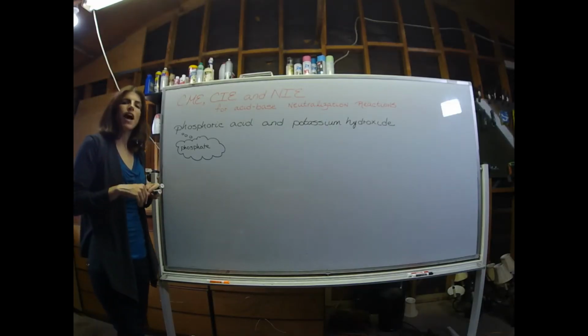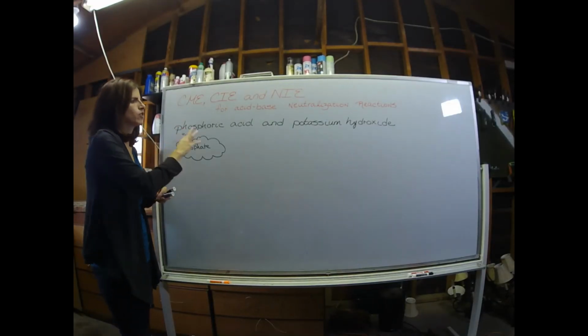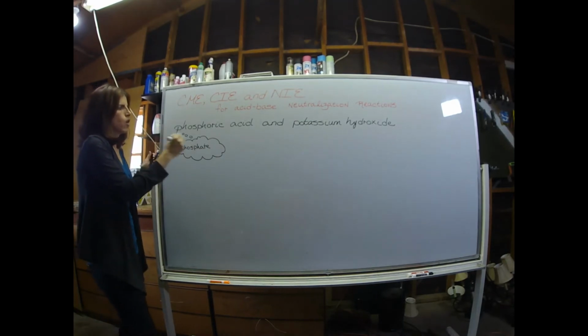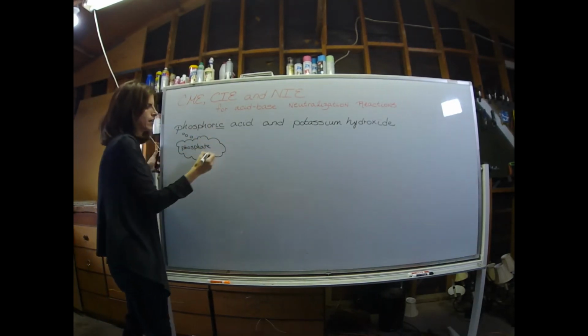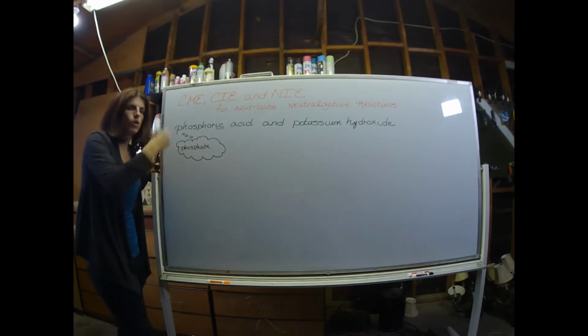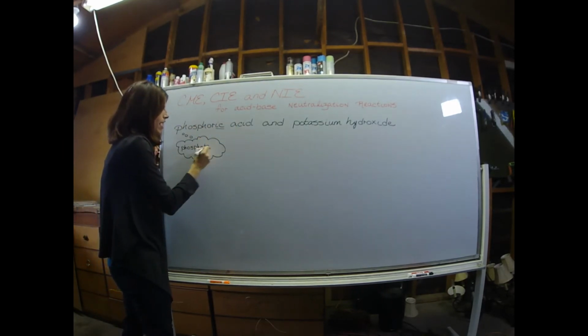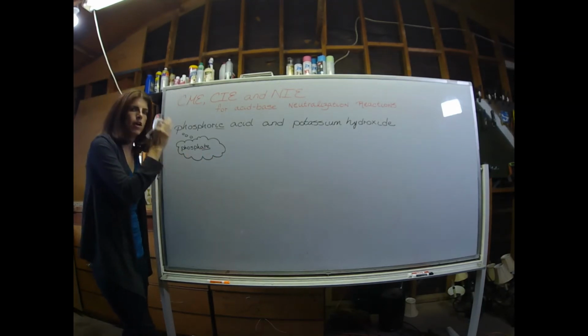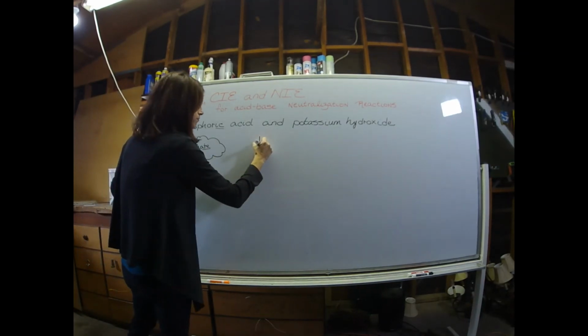In this problem, we're asked to consider the combination of phosphoric acid and potassium hydroxide. So for the phosphoric, I remember that ate goes to ic when you're naming your acids. So phosphoric acid has an anion of phosphate.